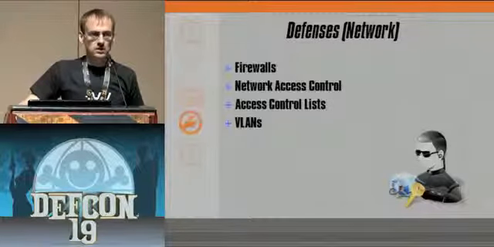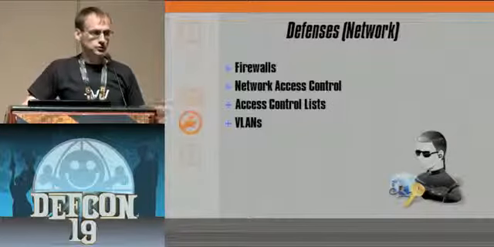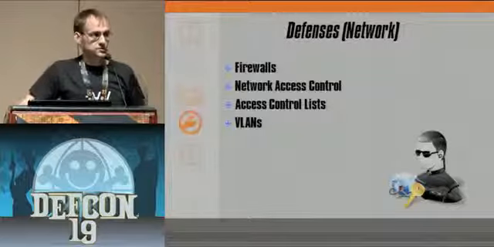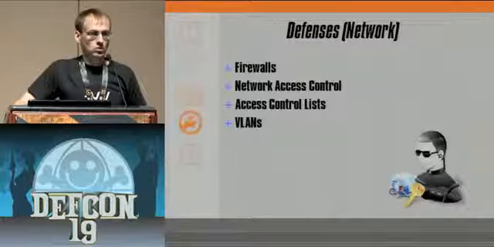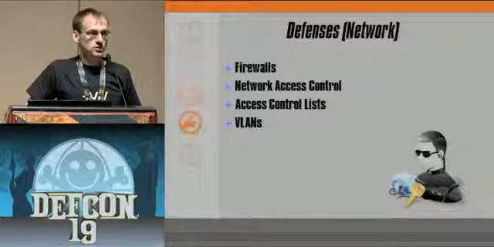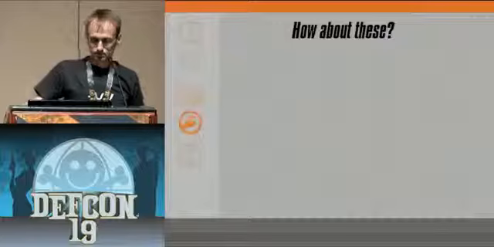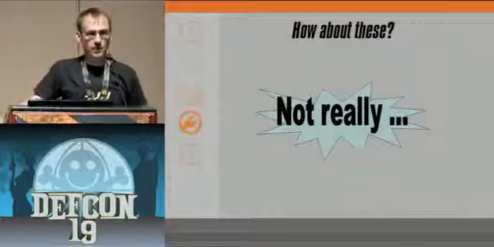You can contain the problem a little bit by walling off your servers from your end user community, but a lot of what is advertising out there is devices in the end user community. So you really don't completely solve the problem. You do limit the damage somewhat, but you really don't fully address it. So how about these? Not really. Some coverage there, but really not the best solution for this.